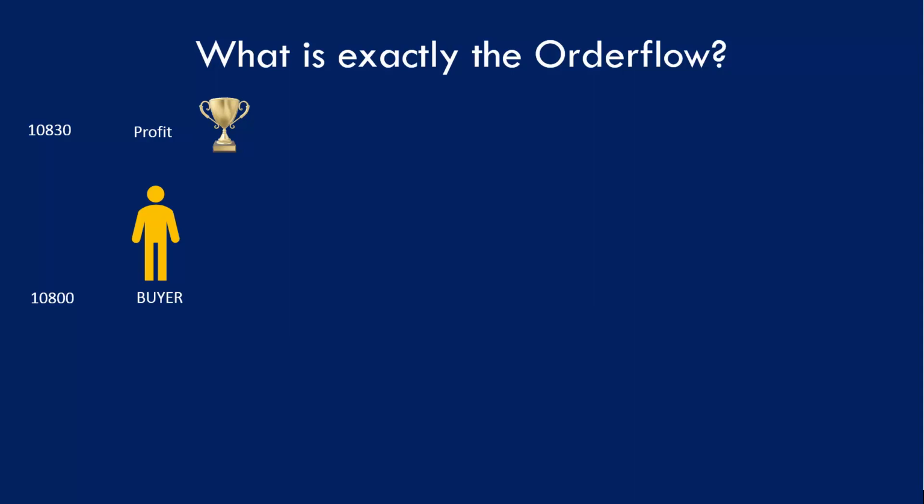But what can also happen is sometimes things can go wrong. So let's say you had a 10,830 objective, which is a price target. You also had a stop loss in mind, knowing that the market can go either way. And in this particular case, the stop loss is about 10,770.